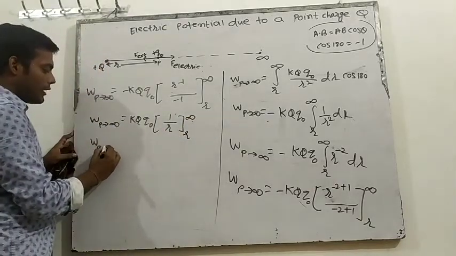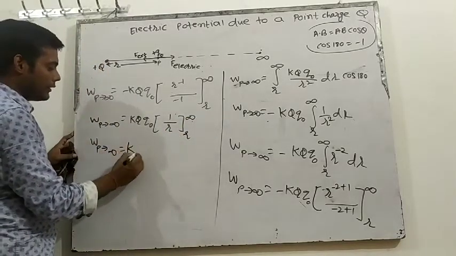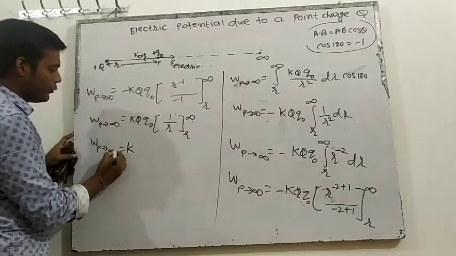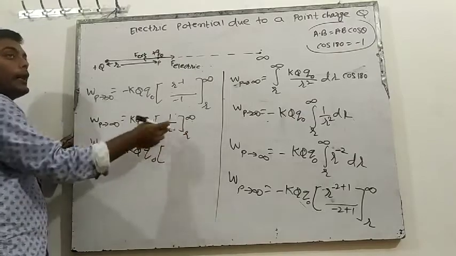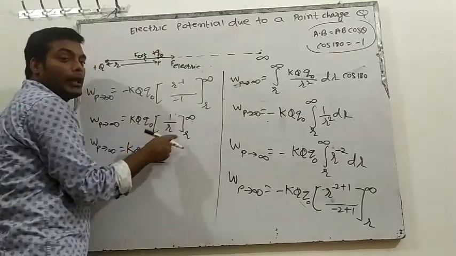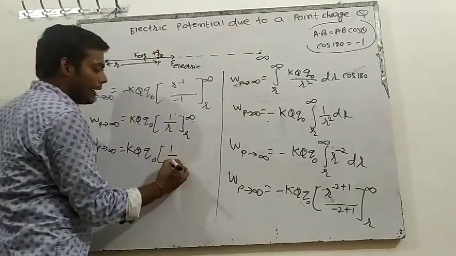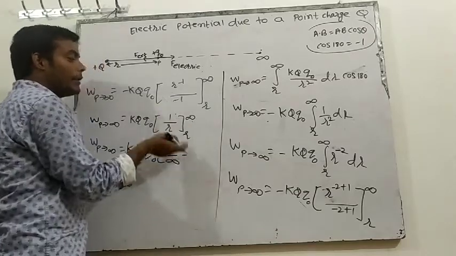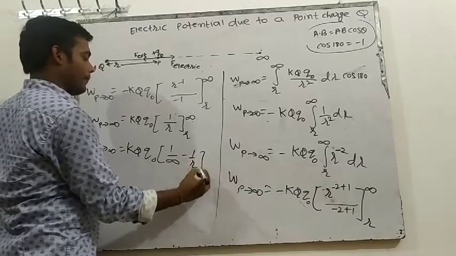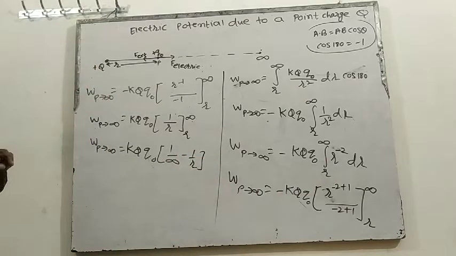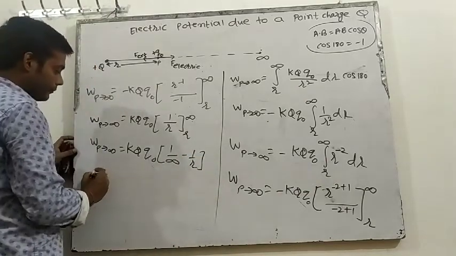So now we have to put the limit. How will we put the limit? Work done in bringing it from P to infinity. First I will put the upper limit, so in place of r we write infinity. So this will be 1 by infinity, minus lower limit, where in place of r we write r. 1 by infinity will be 0.